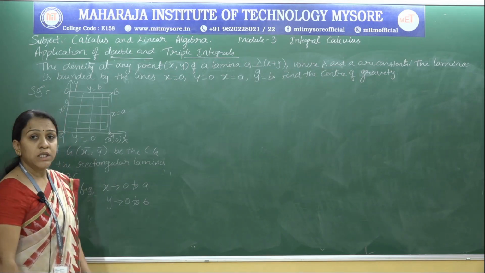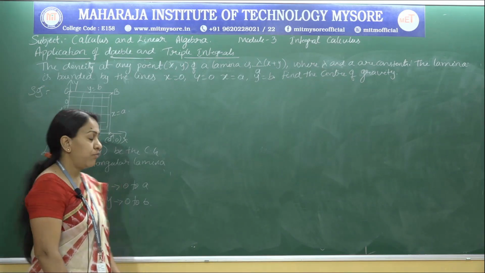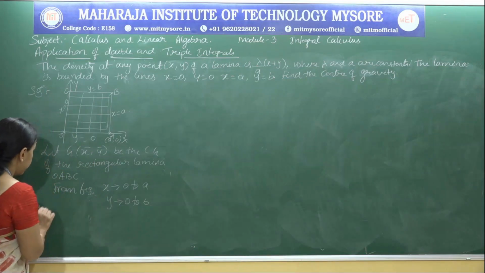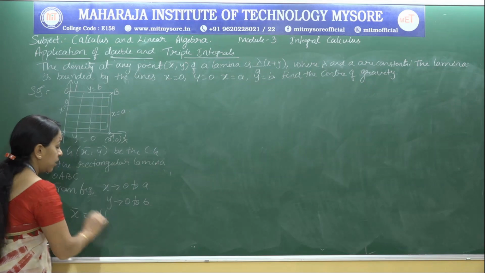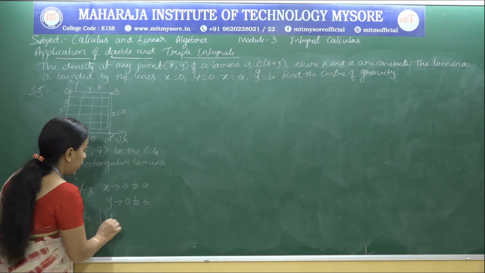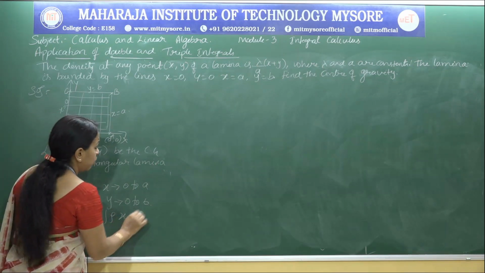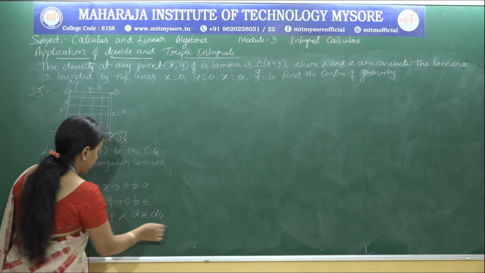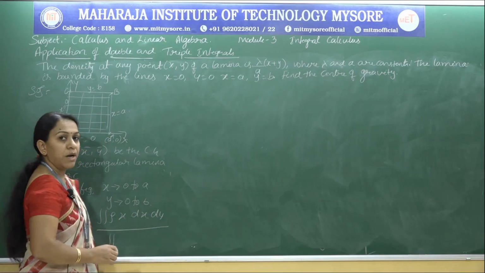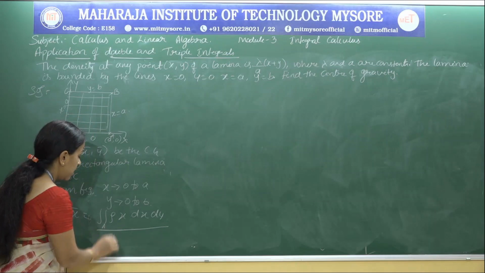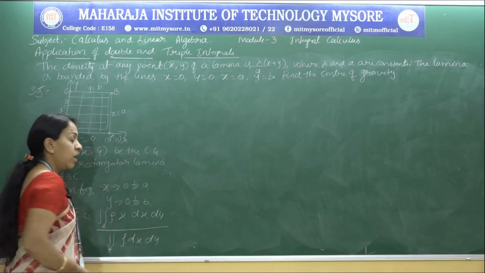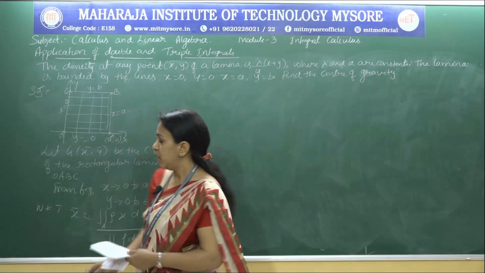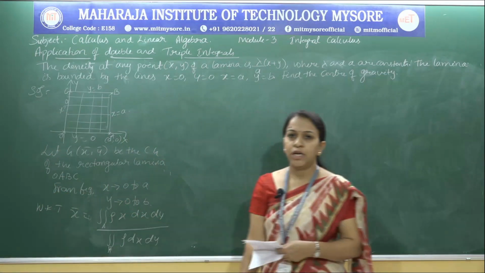Now, we know the standard x bar formula. x bar equals the double integral of rho into x dx dy, divided by the total mass m, which is given by the double integral of rho dx dy. Now substitute the rho value and the limits of x and y.